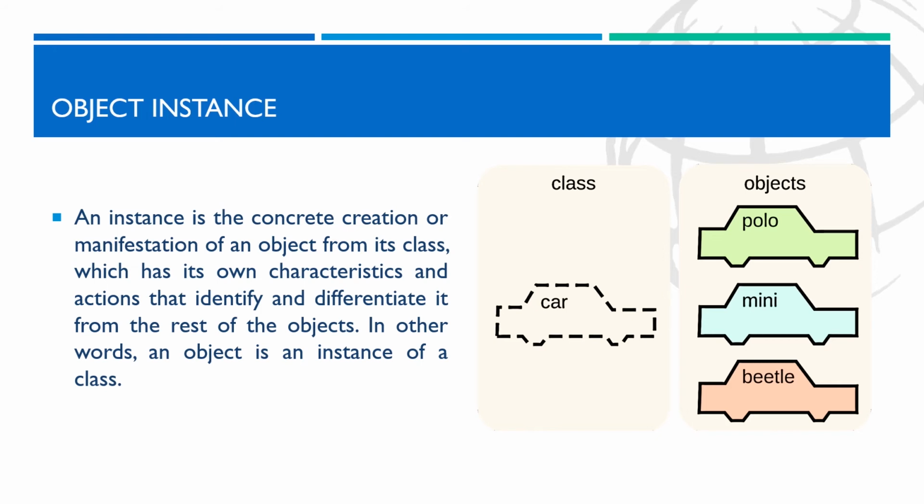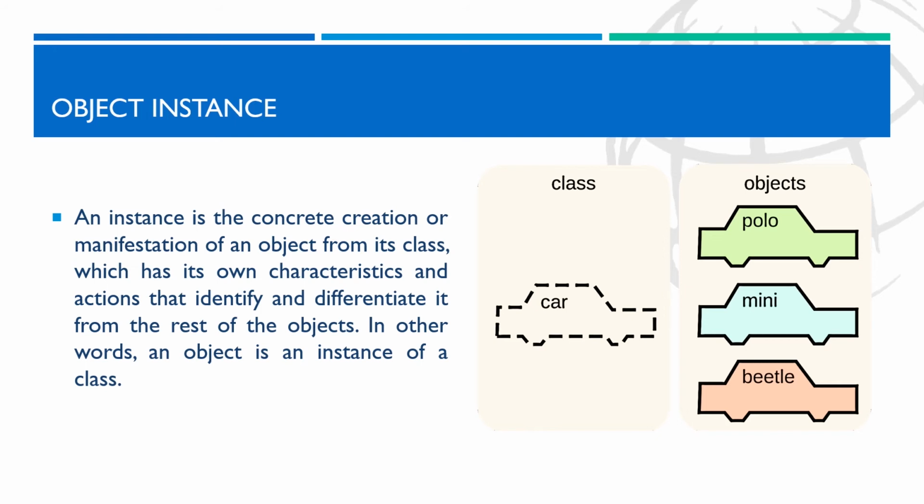In other words, an object is an instance of a class. We have already analyzed that the class represents the abstraction that describes the features and actions of some entities, and that objects are particular creations of that entity. Then the process of creating the object is known as the generation of instances.